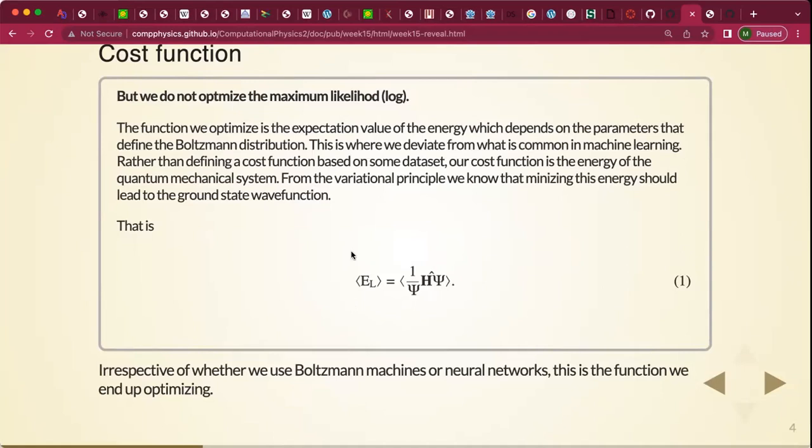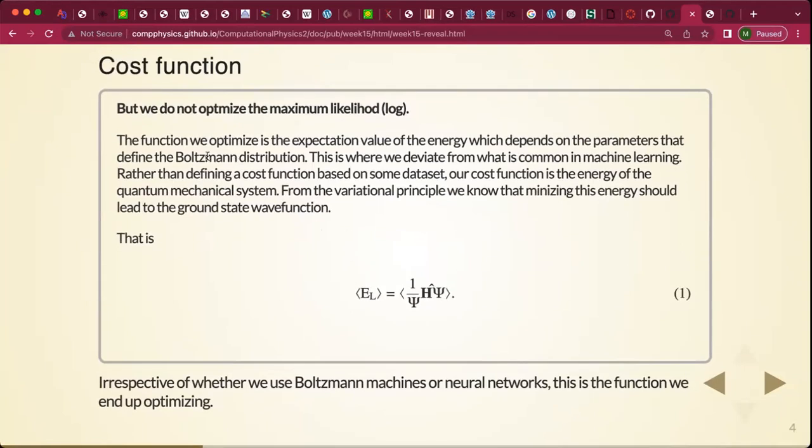So when we do the Boltzmann distribution, we actually optimize the expectation value of the energy, which then depends on the parameters that define the Boltzmann distribution. And this is typically where you deviate from what is common in machine learning. Rather than defining a cost function which is based on some data set, our cost function is now the energy of the quantum mechanical system. And this is the quantity we want to optimize.